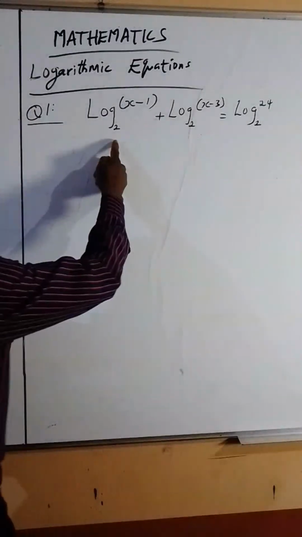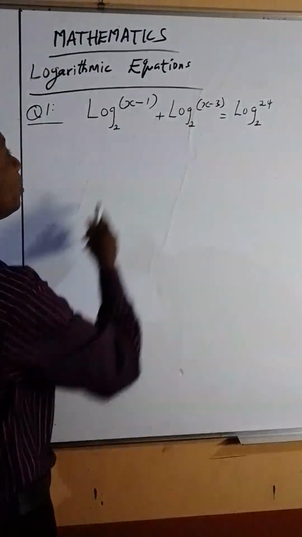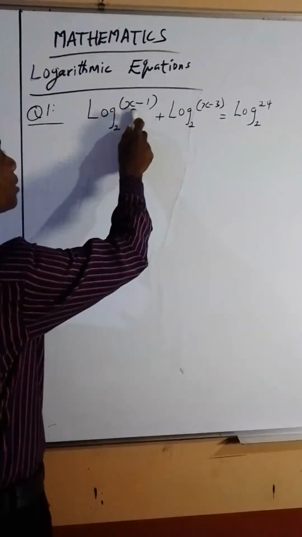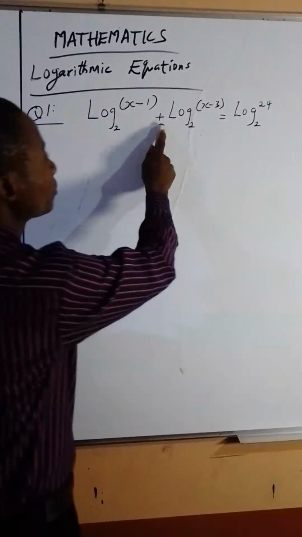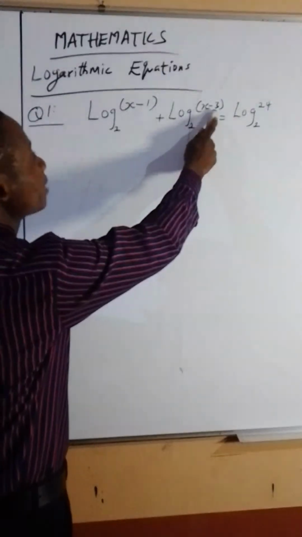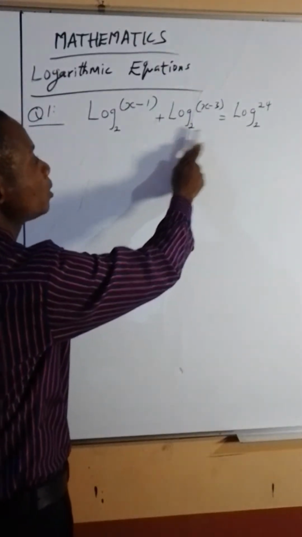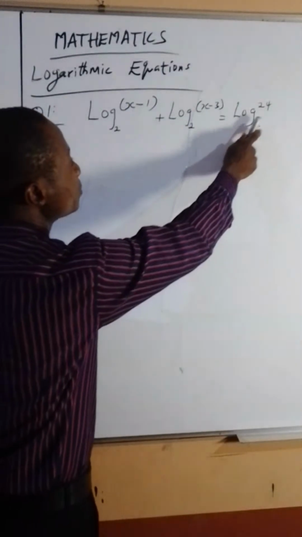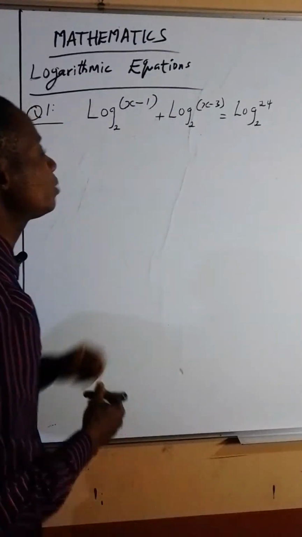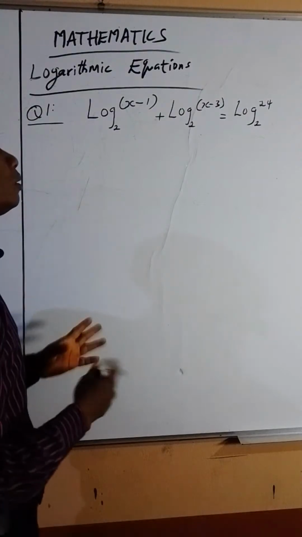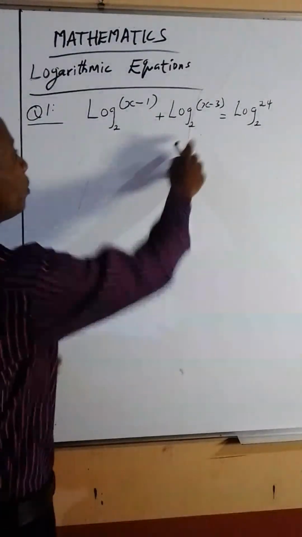Now, here we have log of x minus 1 to the base of 2 plus log of x minus 3 to the base of 2, equals log of 24 to the base of 2. So what we are simply going to do is to apply the laws of logarithms.